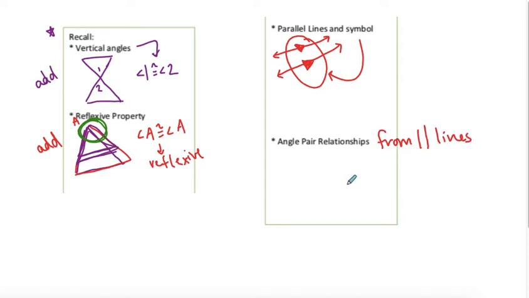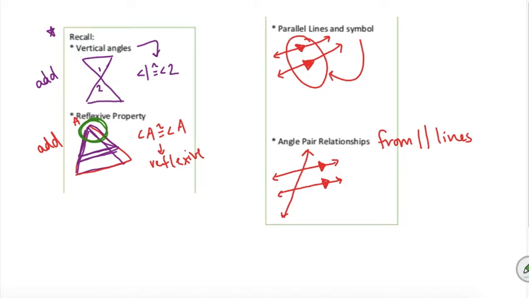Okay, so if I have parallel lines, I'm going to draw in my lines here, and if I cut them by a transversal, we had angle relationships. If I put my parallel line information here, there were several angle pairs.